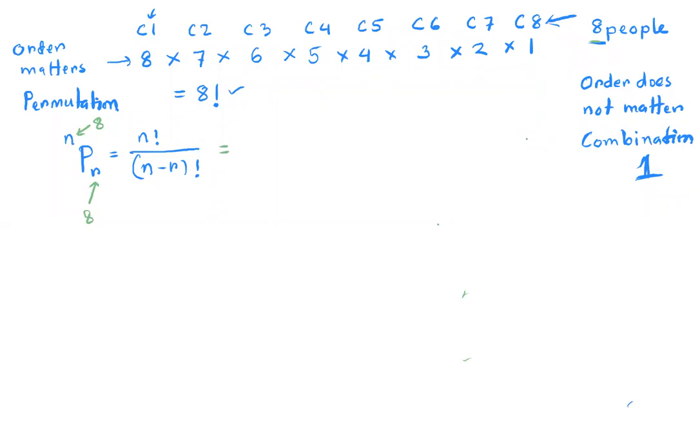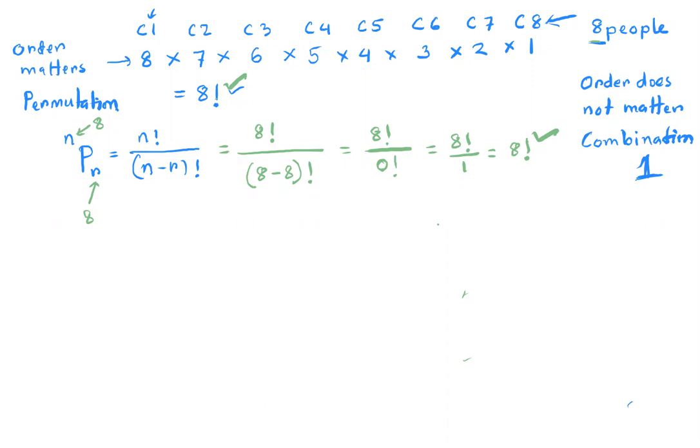Then this formula becomes 8 factorial divided by n minus r factorial, which is 8 minus 8, or 0 factorial. Now remember, I told you what 0 factorial is? 1. So 8 factorial divided by 1 is 8 factorial. See, that's exactly the same number that we got, but in different ways, using different logic.